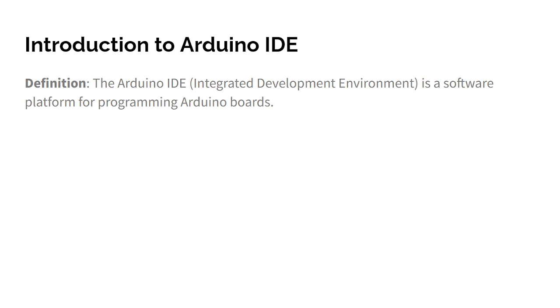Let's first clear the definition. The Arduino IDE is a software platform for programming Arduino boards. It's very simple. Actually, Arduino is a platform which provides the IDE and Arduino boards made on different types of microcontrollers like Atmel and others.